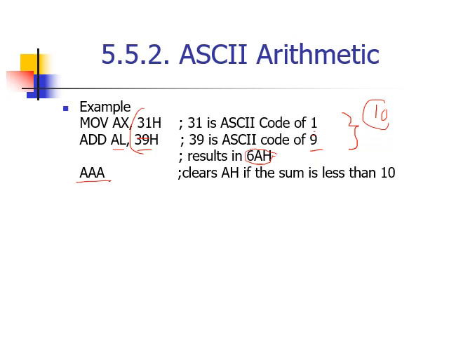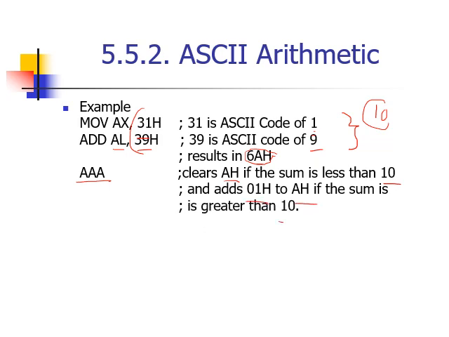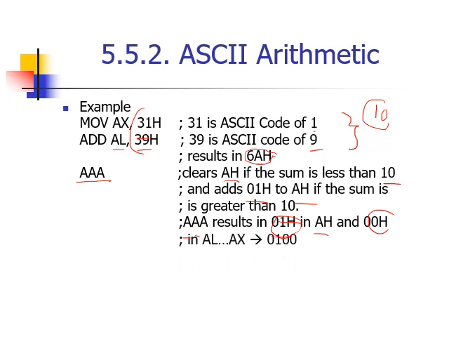This will clear your AH if the sum is less than 10, and add 1 hexadecimal to AH if the sum is greater than 10. The AAA, ASCII adjust for addition, would result in 01H in AH, 00 in AL. So AX would contain this.